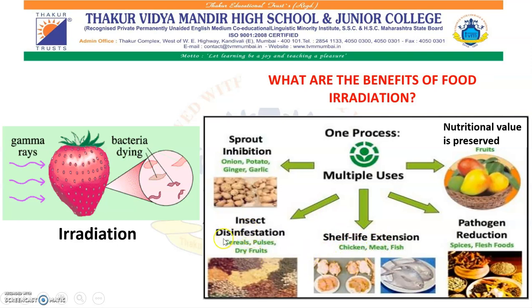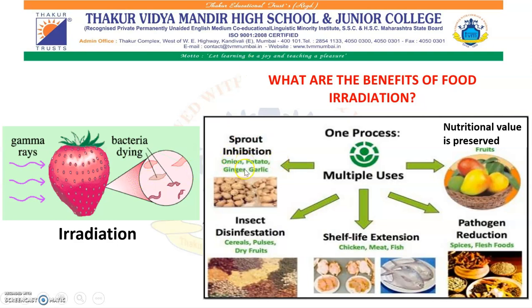Next is insect disinfestation, which means the insects are destroyed. And also the sprout inhibition takes place. Sprout inhibition means it will slow down the process of sprouting.